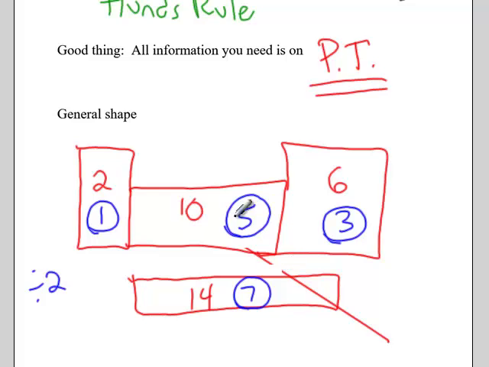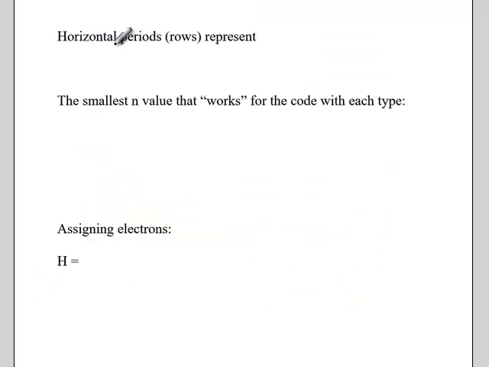So we have 1, 3, 5, 7. That's the number of allowed orientations. The rows are horizontal on the periodic table, and those rows represent different values of the first quantum number, n.